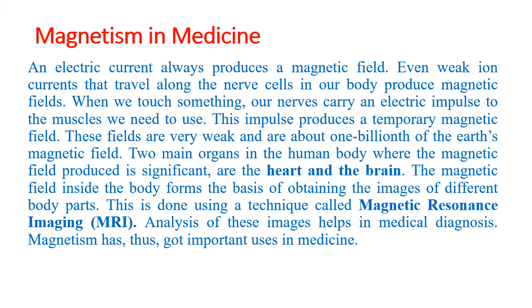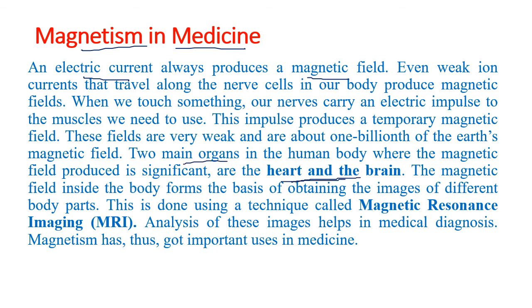Now from the textbook, Magnetism in Medicine. An electric current produces a magnetic field, that we have seen. We have learned in the nervous system that there are electric impulses in our body which carry information from the brain and other parts of the body. Two main organs are the heart and the brain.